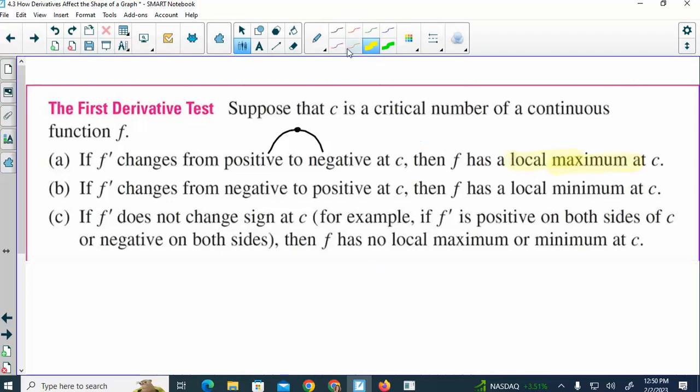If it goes from negative to positive, a local min. If it does not change, so if it's positive and then still positive, or negative and still negative, then there is no local max or min at that critical point. A critical point does not have to be a max or a min. It's just where we could find a max or min.